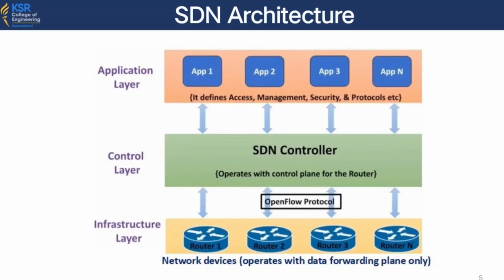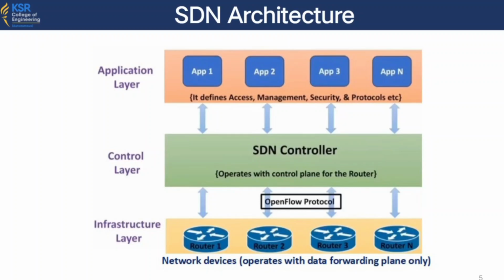And see, these layers are interconnected like this, where you observe the SDN controller is connected with all the networking devices, and that is connected as per the OpenFlow protocol. What is the meaning of OpenFlow protocol? It means that if some new devices are added to the network, those devices should function in future.